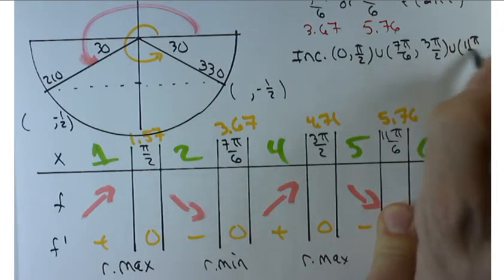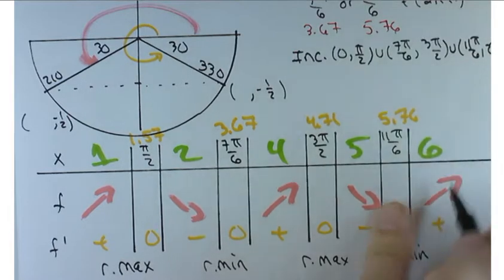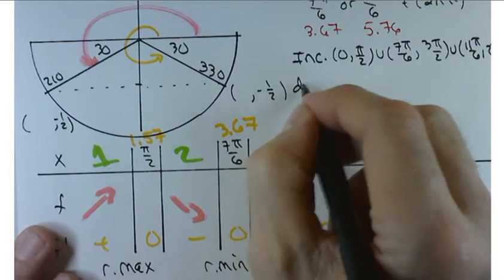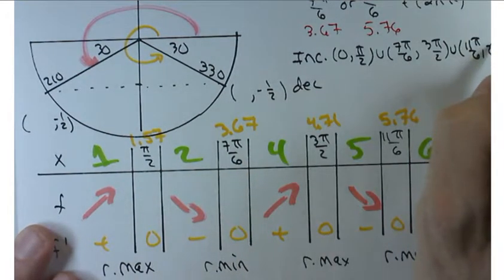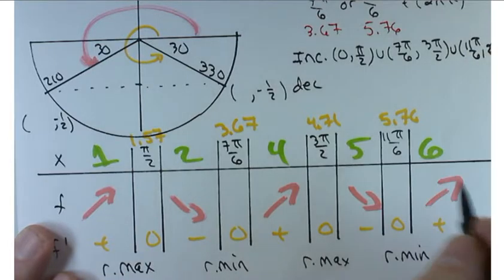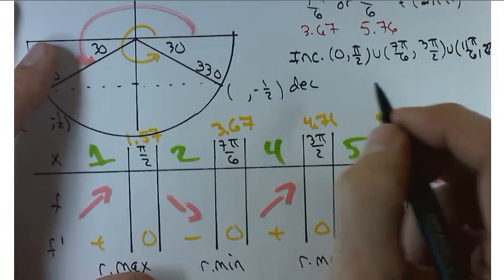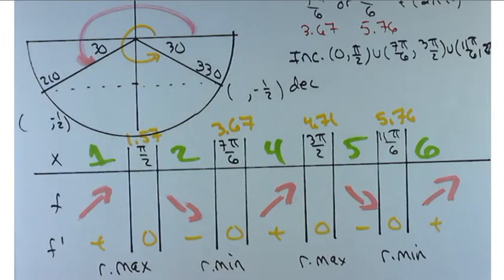Now chances are it's increasing beyond that, but we're just limiting our work to the interval 0 to 2 pi. I just don't want to get into trying to characterize this in an infinite way.